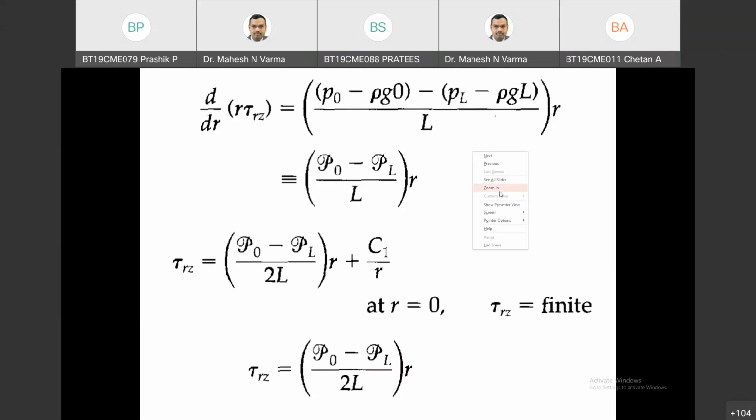So if you consider our flow through pipe, consider this is my pipe, and this is the direction of flow, this is Vz.